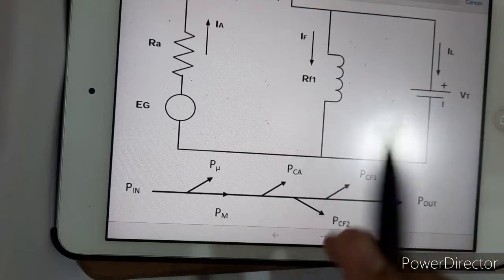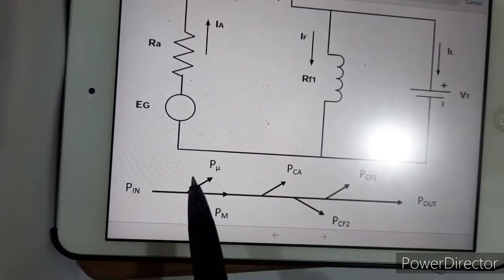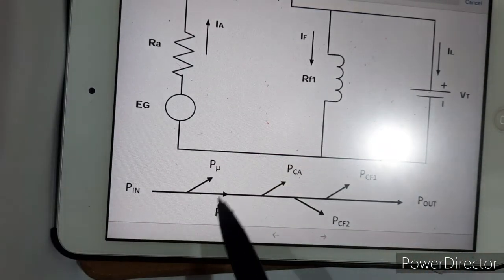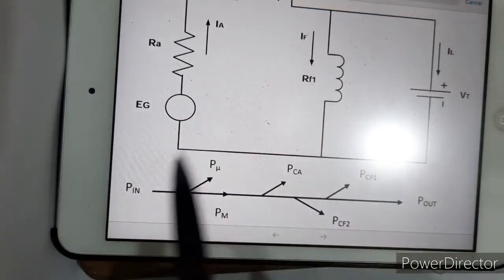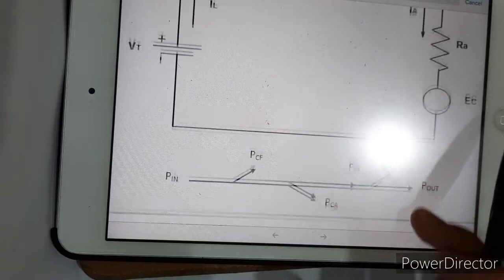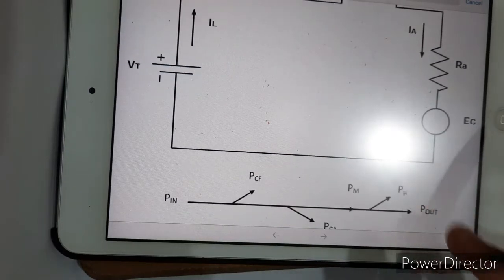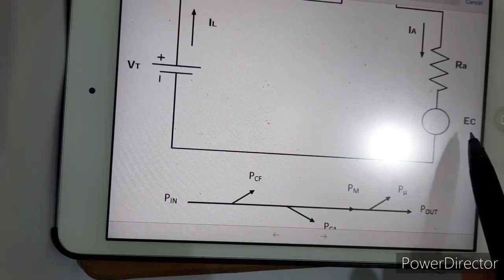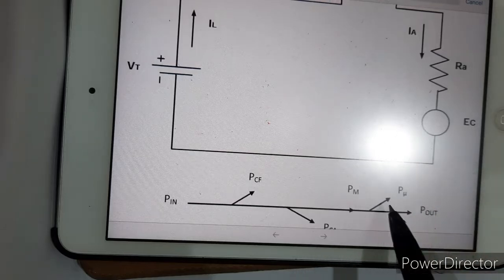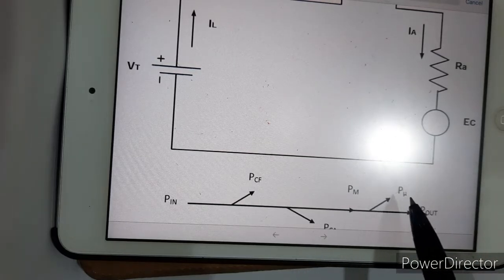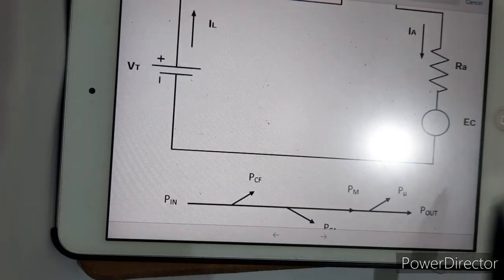Okay, generator on the armature side. PM is always closest to the armature side. So PM is closest to P out, which is on our armature side. And then PM, and then P mu for mechanical losses, and then lastly P out.